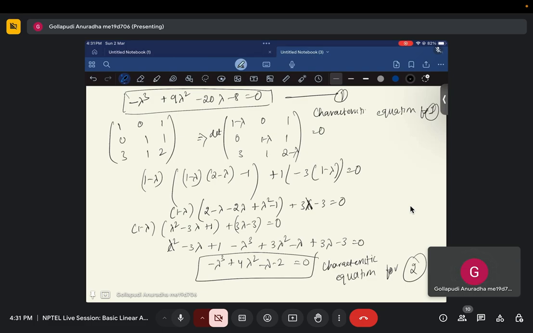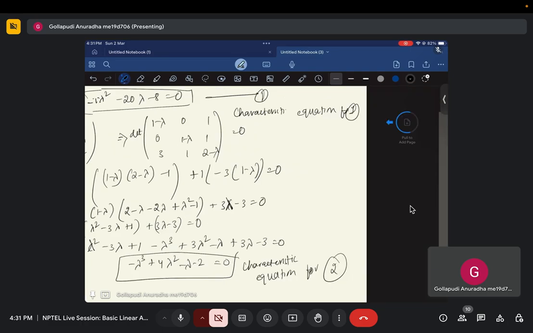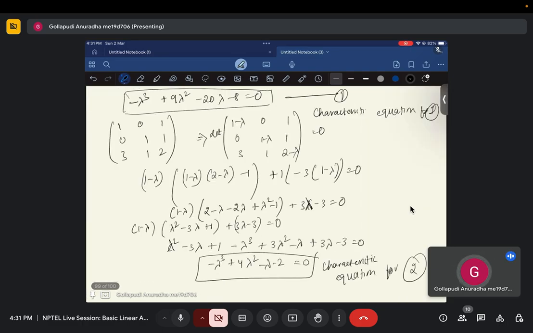If the characteristic equations are the same, then we can say that matrices are similar. Sorry, I didn't get you. If we have two matrices with the same characteristic equation, then both the matrices are similar. That we can conclude. Yeah, so seeing these two things, all the eigenvalues and even the multiplicity for each eigenvalue have to be the same for two similar matrices.